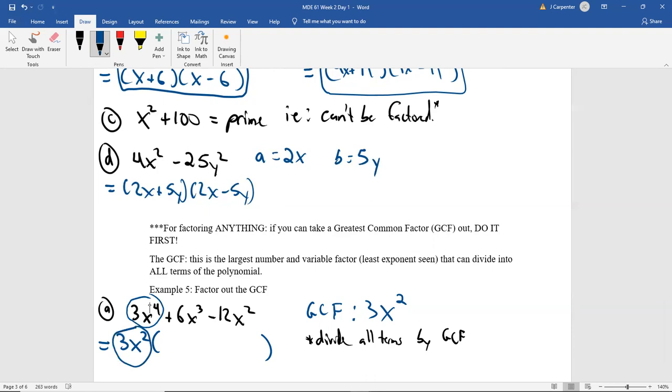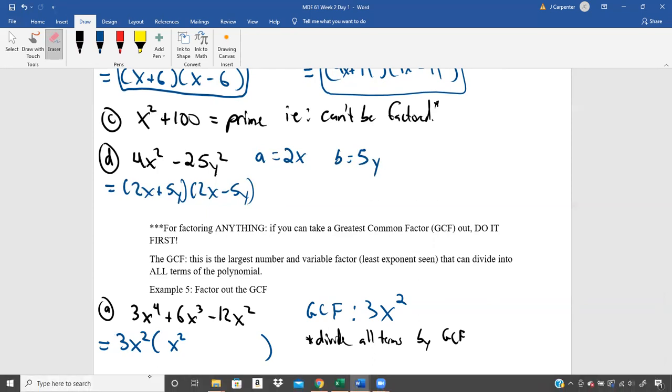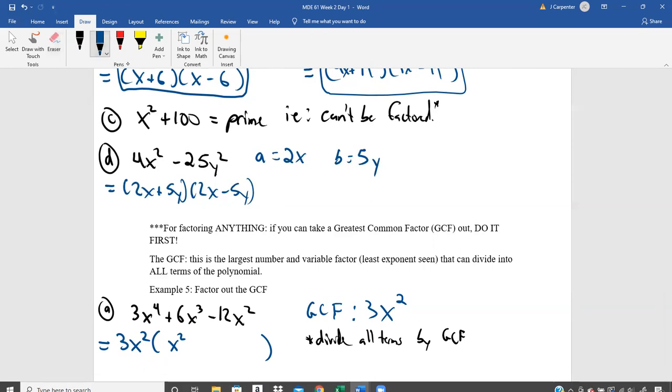And this goes back to the exponent rules we talked about last time. 3 divided by 3 is 1. I'm going to write it temporarily, but I will erase it after I'm done. Then x to the 4th divided by x squared, we're going to subtract the exponents, and we get x squared. Again, I don't really need to write the 1. So again, the 3's canceled. X to the 4th divided by x squared is x squared.